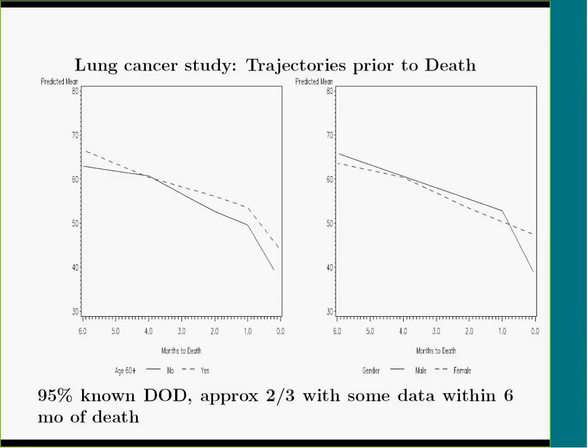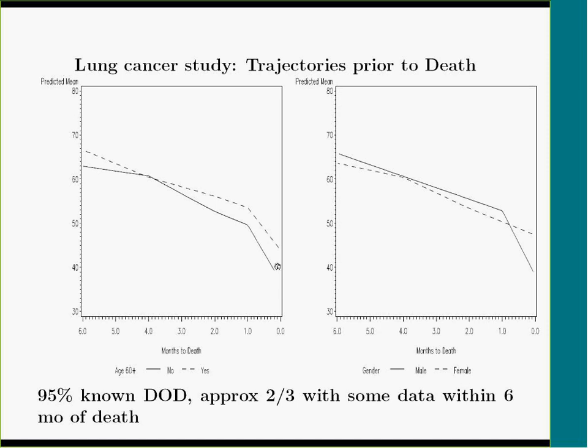Okay. Some other strategies that you might consider, and I'm going to be done in about 2 minutes, are looking at trajectories prior to death. So basically I'm plotting data where 0 is the time of death and going backwards, dividing it by age, and you can see that there's a slight difference between the two trajectories.